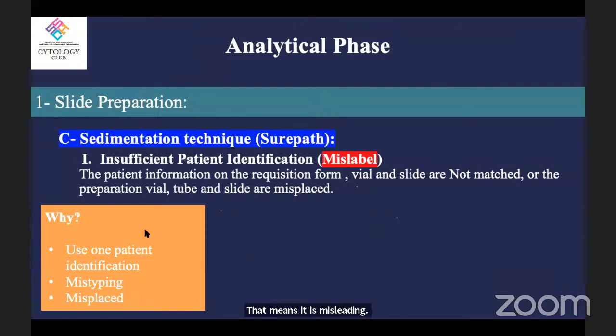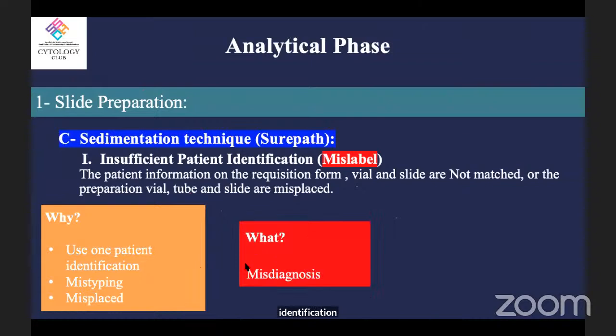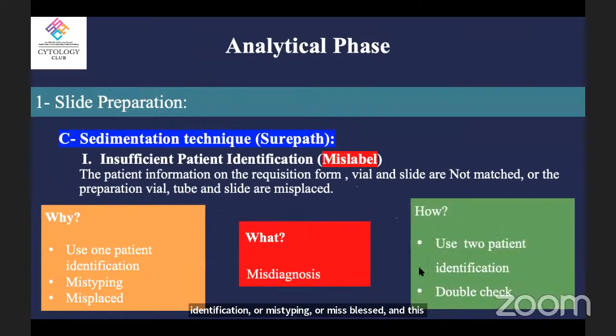And again, why is it happening? Because you use one patient identification, or mistyping, or misplacement, and this could lead to misdiagnosis. And how could we avoid it? Use two patient identifications, and always double check the label.